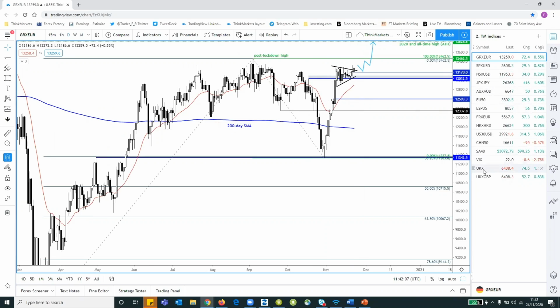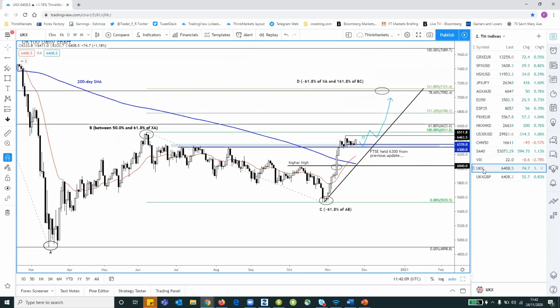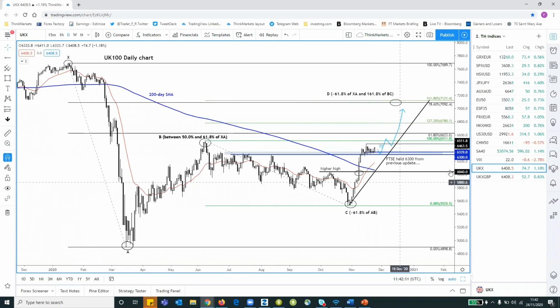A similar picture can be seen for the FTSE. This chart looks a little bit messy, but let me explain what's happened here. The FTSE hasn't been as strong an index as the US indices and the German DAX index, because the FTSE has lots of stocks in it that are considered to be value stocks, those that go up and down depending on the economy.